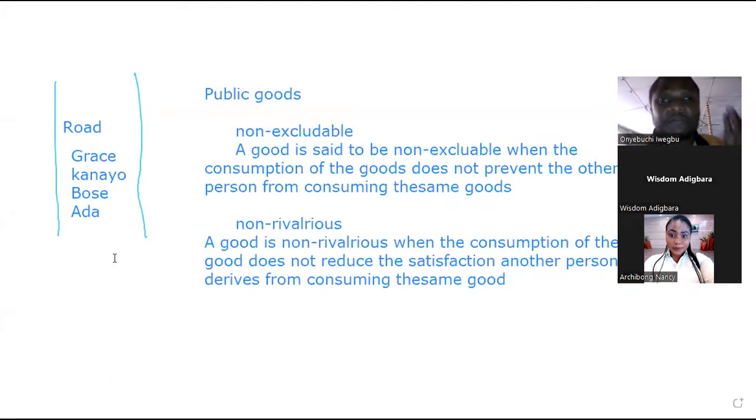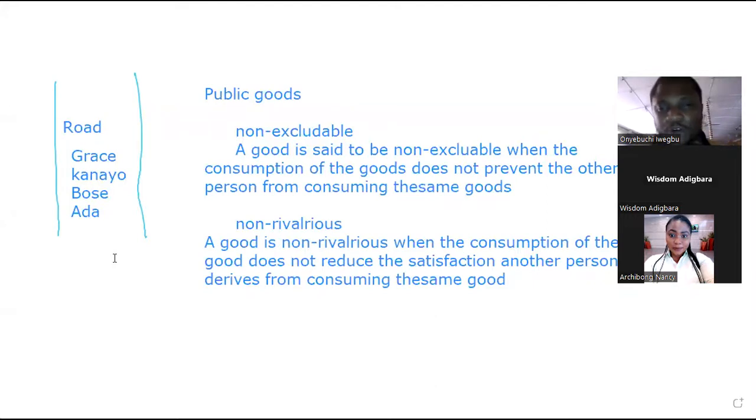If Bright is passing a road, the enjoyment Grace derives from using that same road does not stop Bright from passing the same road. So from FSS to New Hall, if me and your class governor are on one side enjoying our life, making noise, it does not stop another person from using that same road.